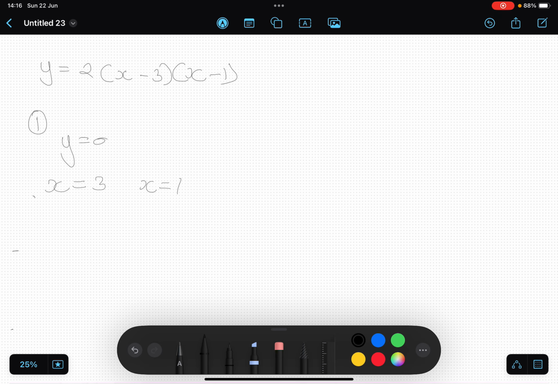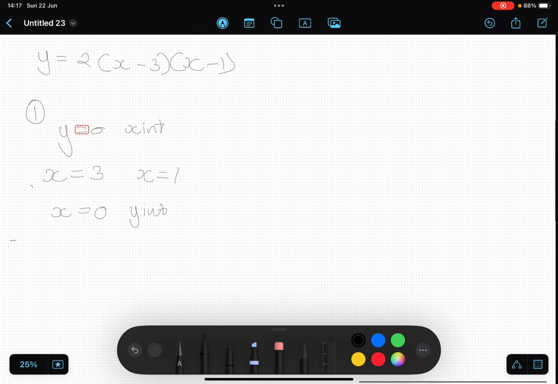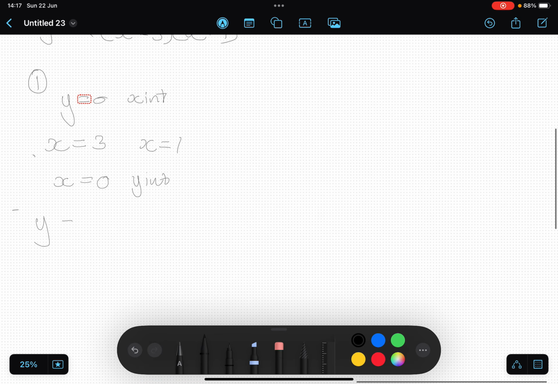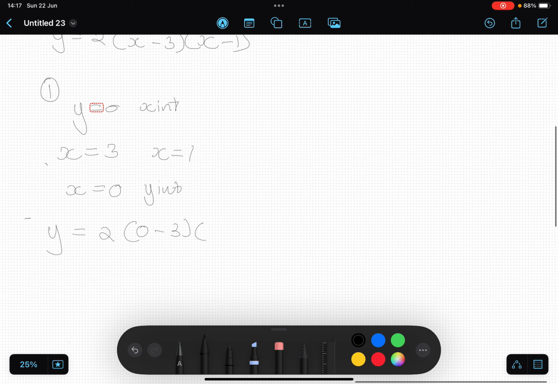It is when we set x to 0, so let's do that. This is your x-intercepts, and this will be your y-intercepts. Right, let's set x to 0. Minus 3 times minus 1 is just 3. That is 6.